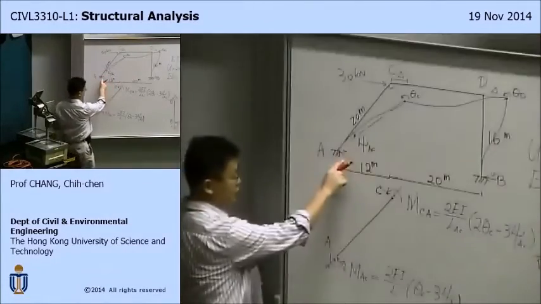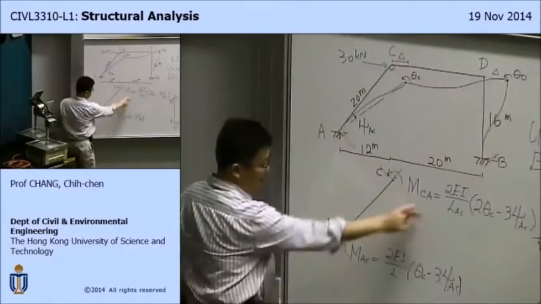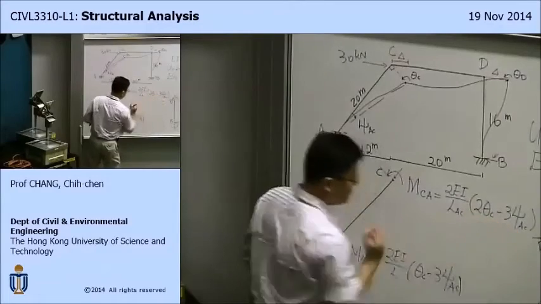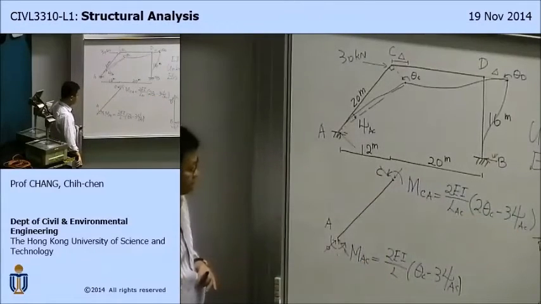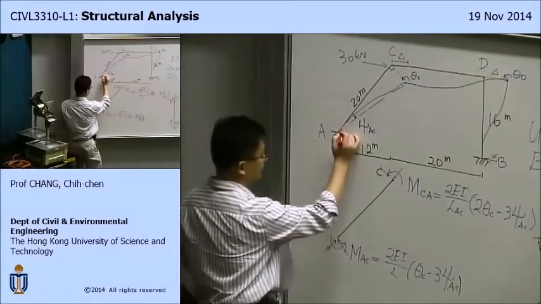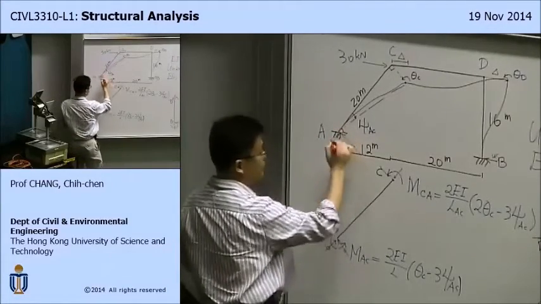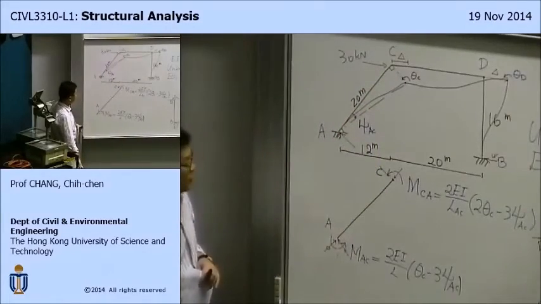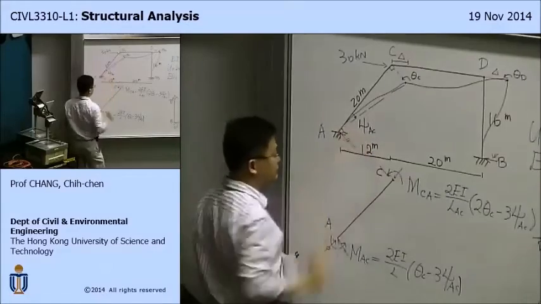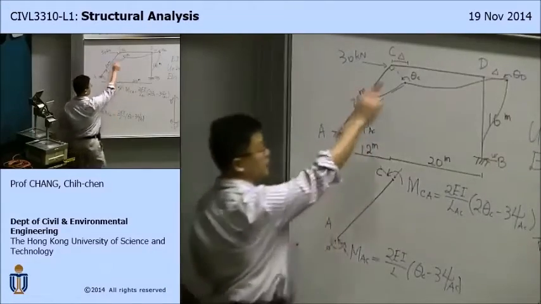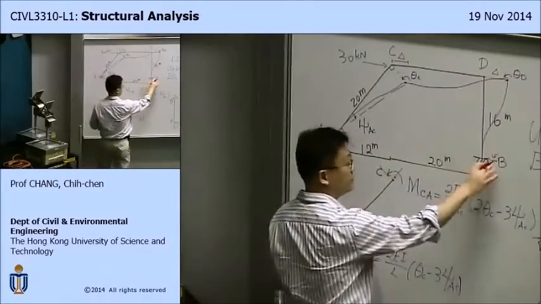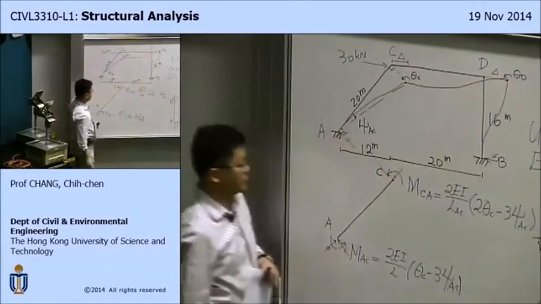This force is going to be functions of MAC and MCA, which are functions of rotation angle and translations. It's supposed to be 90 degrees. This is the shear force of that member. So this force I can get, and it will be functions of rotation angle and translations.